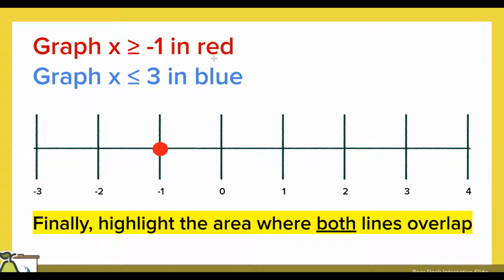Now we need to decide which direction our arrow should go. Should it go to the left or the right? To decide this, I always recommend plugging in a number for x. So think of a number real quick in your head. The number that I picked was 2. So if you pick 2, you're probably a mind reader.